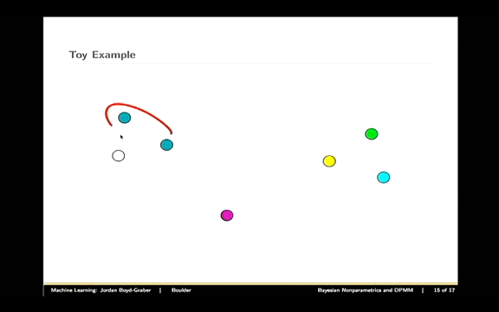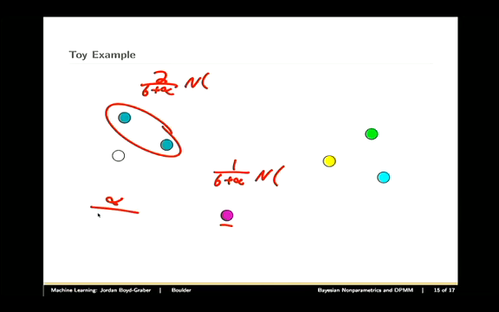For this cluster, you'll have something like 2 over 6 plus alpha, and for this point, you'll have 1 over 6 plus alpha multiplied by the compatibility, and then you also have a term for a new cluster, alpha over 6 plus alpha times the compatibility.